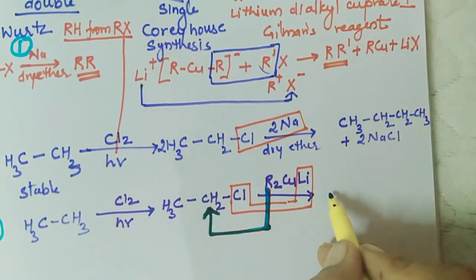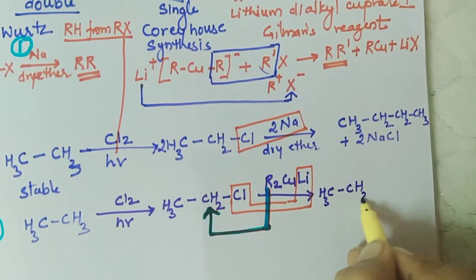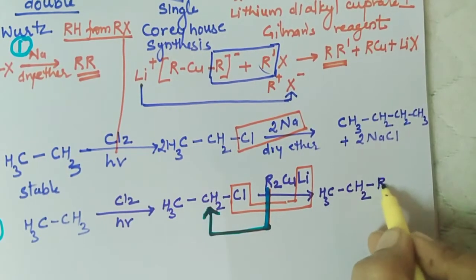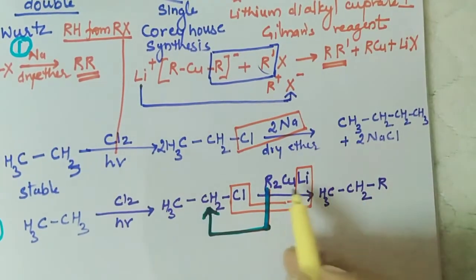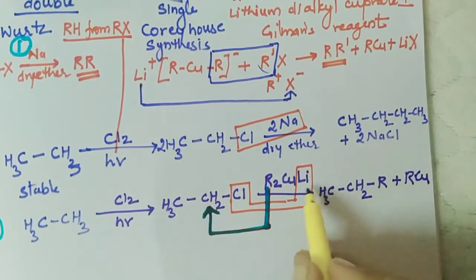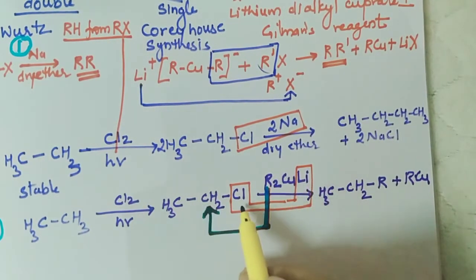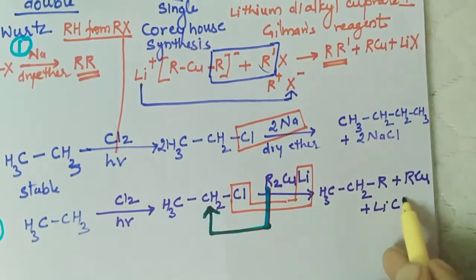Now what we are going to have is CH3, CH2 and 1R from here. जो भी आपने R लिया है यहाँ पे 1R will go from here and the other will be your RCu, and what you will be having is LiCl.